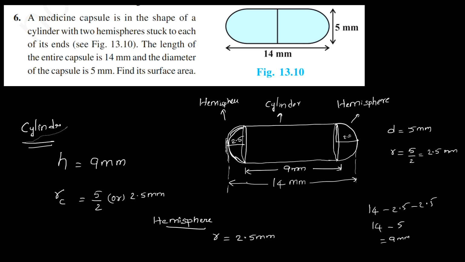See here although they are asking surface area, here the part which we can touch with our hand is curved surface area of cylinder and curved surface area of hemispheres, because total surface area of cylinder cannot be found because the two ends of the cylinder cannot be touched.